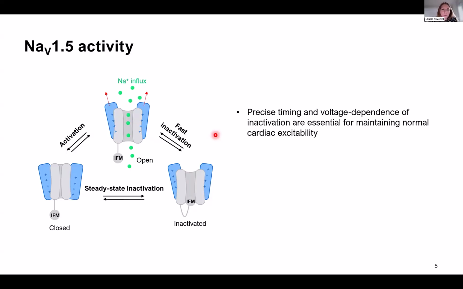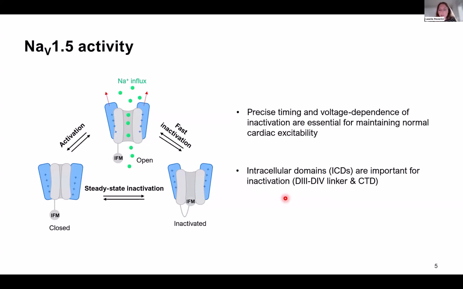Differences of only a few milliseconds or only a few millivolts in the voltage dependence can have a dramatic effect and cause severe arrhythmias and also cardiac diseases. In terms of structure, the intracellular domains are really important for inactivation, notably the D3-D4 linker, but also the C-terminal domain.